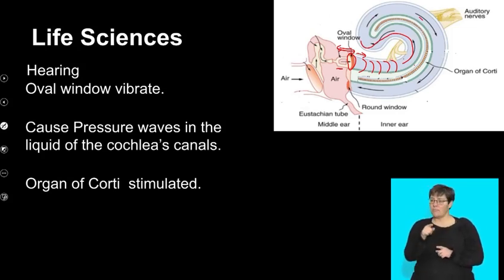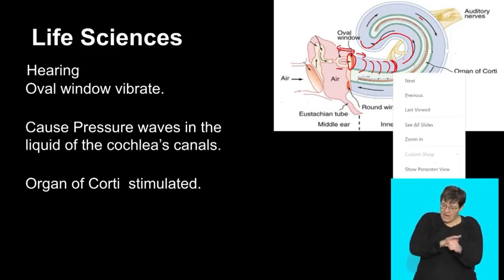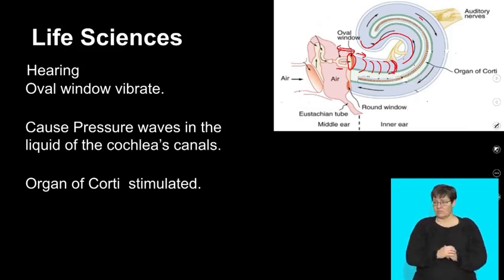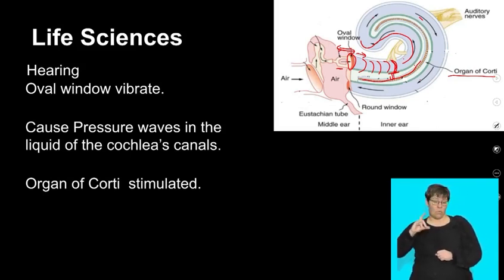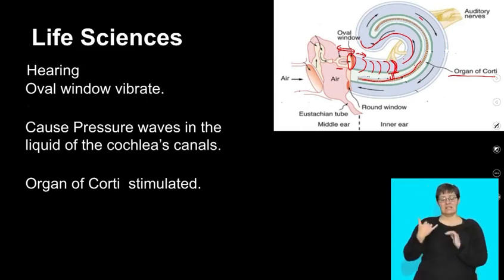But the moment that pressure wave is there, it is pressing down on this membrane here, and it stimulates the organ of Corti, which is situated there. So when it presses down on that, it is stimulated. Let me just get the pen again.